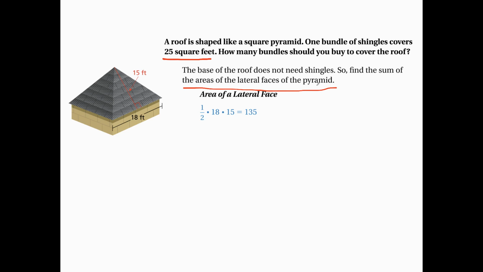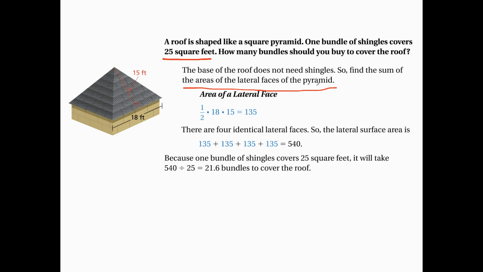Okay, so I find the area of one of those triangles, and it has a base of 18 feet and the height is 15 feet, and there are 4 of them. So I just add them together, or take 135 and multiply it by 4. So I know one bundle covers 25 square feet.